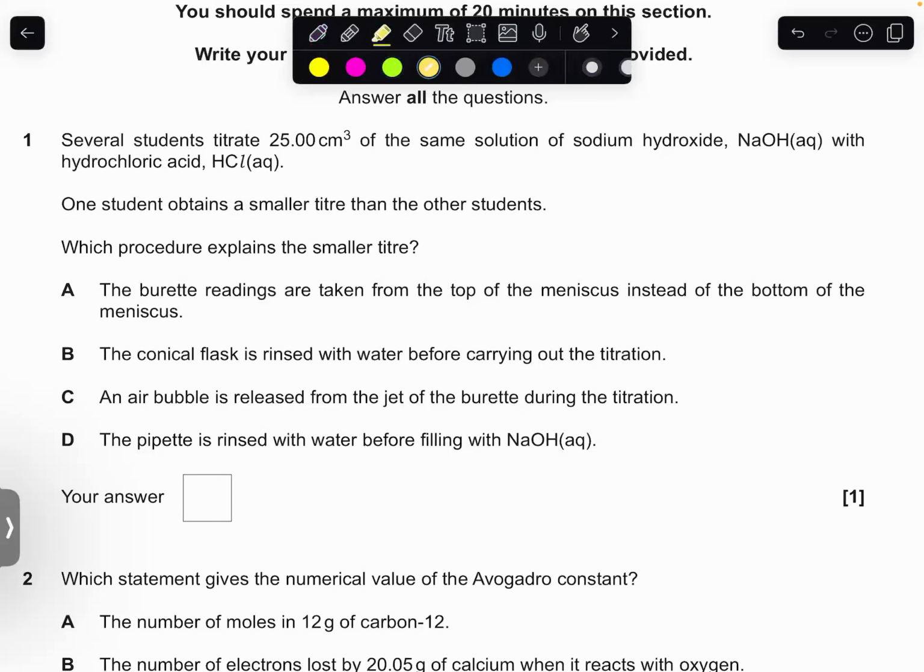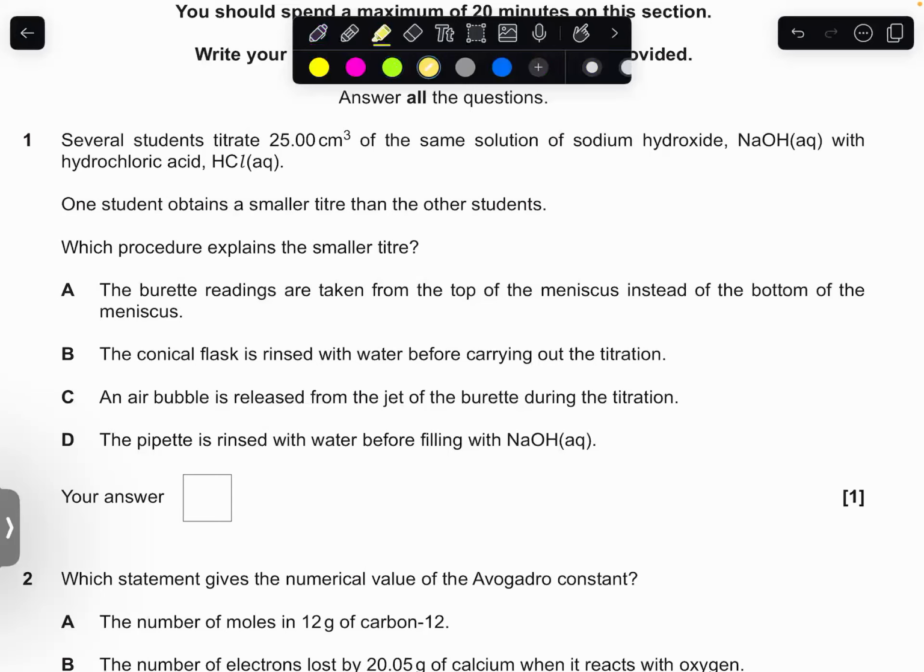And why is it B? Because 20.05 divided by 40.1, which is the relative atomic mass of calcium, this gives you 0.5 moles. You see 1 mole of calcium gives you 2 moles of electrons because it gives you a Ca2 plus ion.